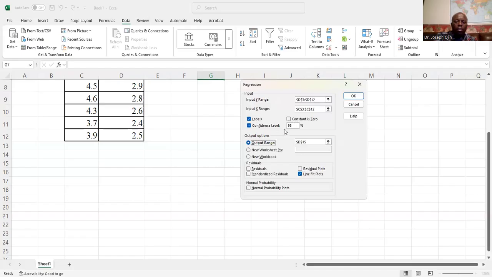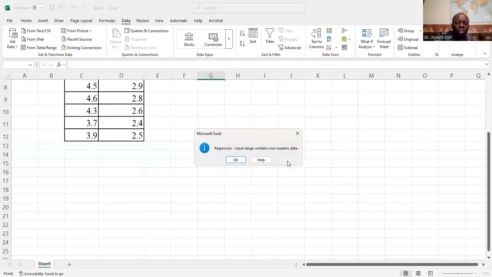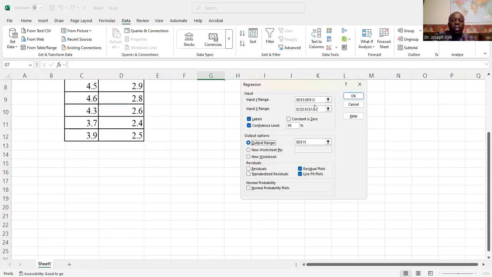I checked labels. Let me see why it's doing that. Residual plots. Regression input range. It's saying that I put the labels, so I checked labels.